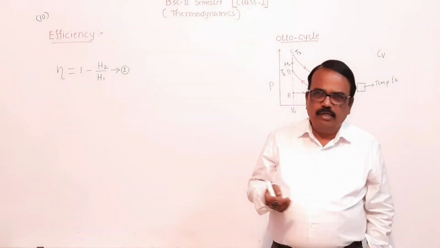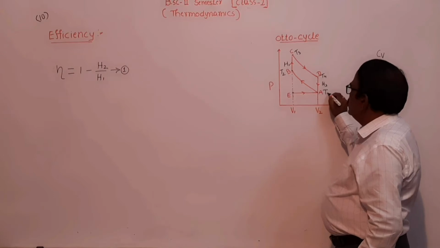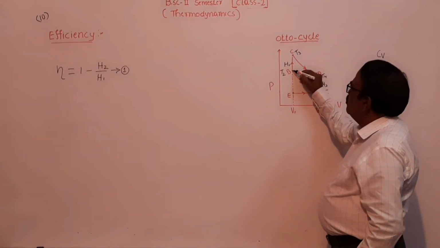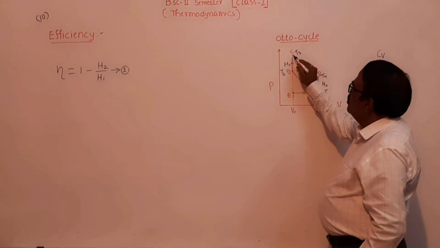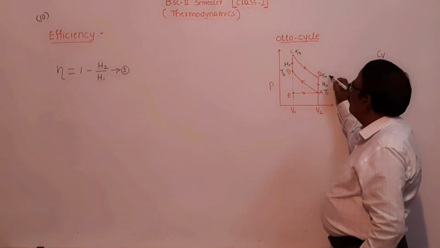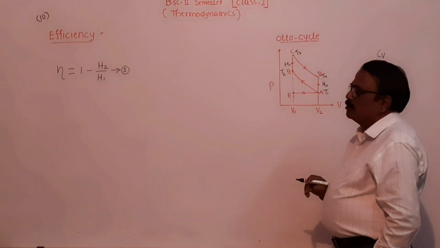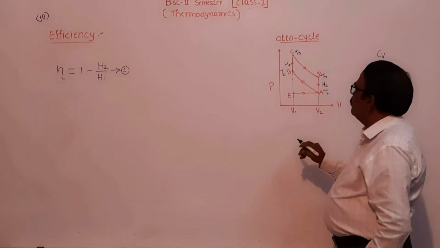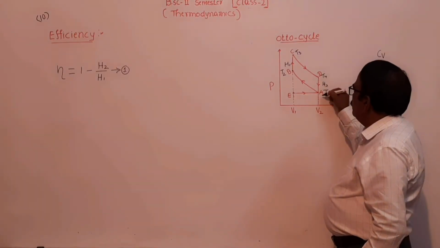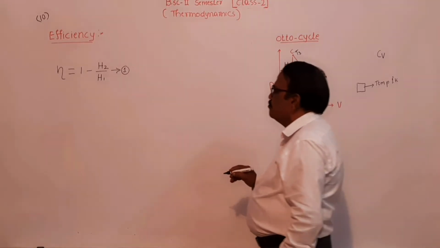H2 is the amount of heat rejected. At A the temperature is T1, at B it is T2, at C it is T3 and at D it is T4. From B to C, the amount of heat absorbed is H1. From D to A, the amount of heat rejected is H2.